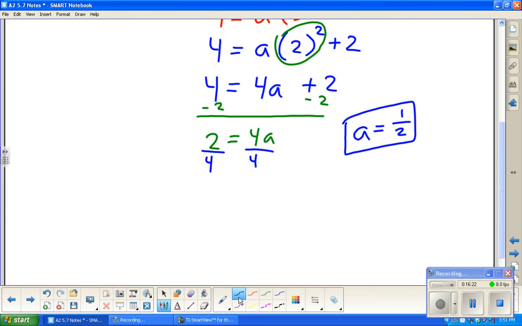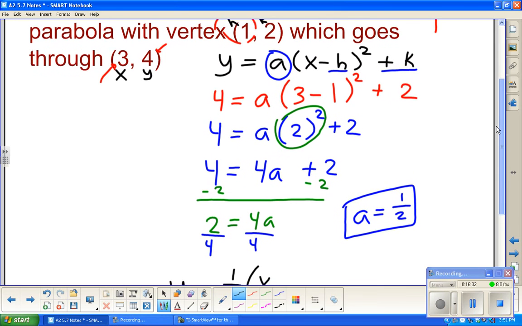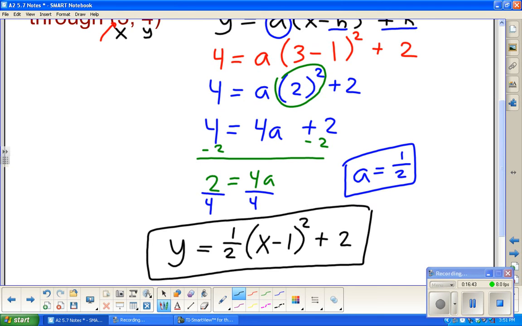So all we're going to do is go back to our vertex form. y equals, we know a is 1/2. x must stay a variable. Okay. h and k we already knew were 1 and 2. So that would be the equation in vertex form, okay, of the graph that we had.